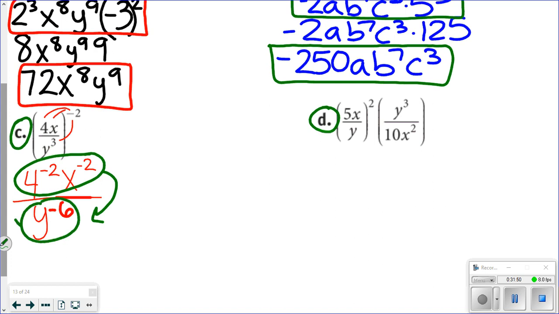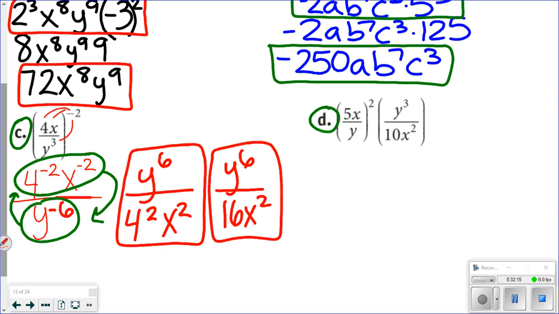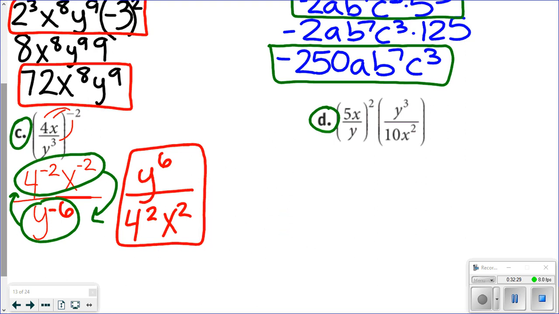This needs to be moved to the numerator and be turned positive. So my final answer would be y to the +6 over 4 squared x squared. This answer is totally acceptable. Or if you changed 4 squared to a 16, that answer is also acceptable. It doesn't matter. This one does not look goofy with the 4 squared, so you're totally good if you left it that way. Okay? It's when we have like 2 different numbers, one at the beginning, one at the end, they kind of look silly.